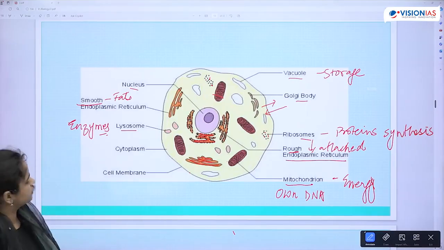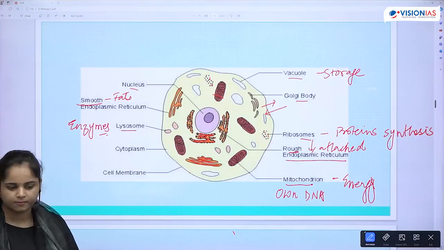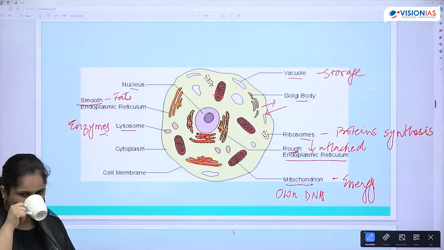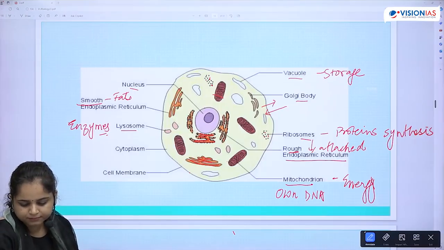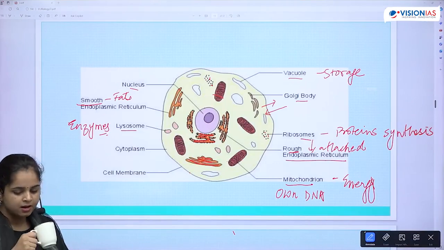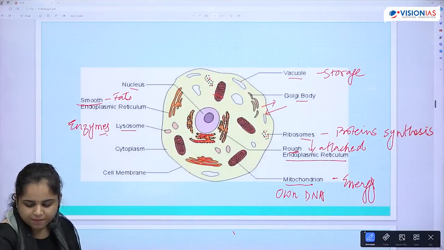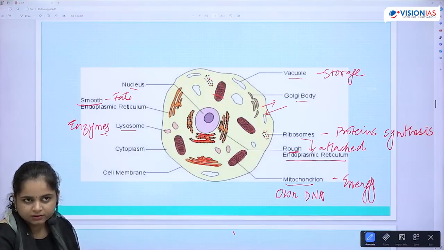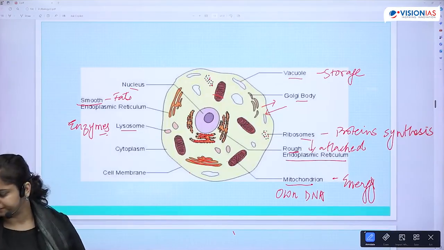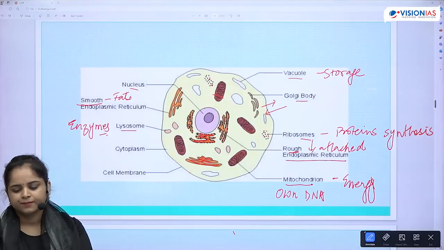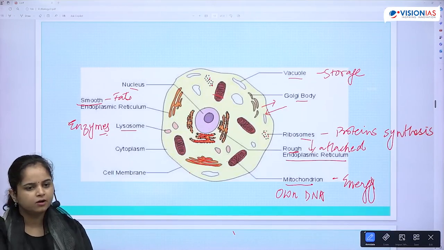Start with lysosomes. First organelle will be lysosomes. It contains powerful digestive enzymes to digest any foreign material, or broken cell organelle.